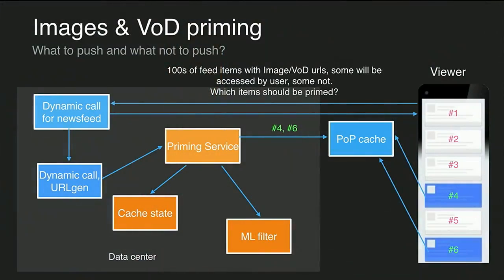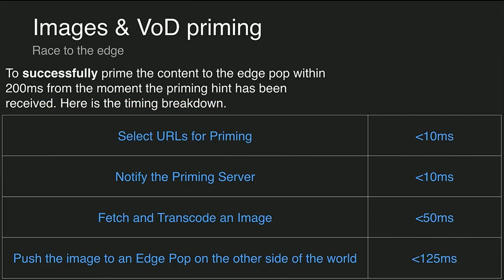At which point, the priming service then consults the ML filter to figure out which of these artifacts are likely to be clicked on by the user, and looks up the cache state to decide on whether or not it's in the particular pop cache that the user is hitting, and is able to find it and push it to that pop cache. And it has to do all of this before the requests for those items come into the pop cache, right?